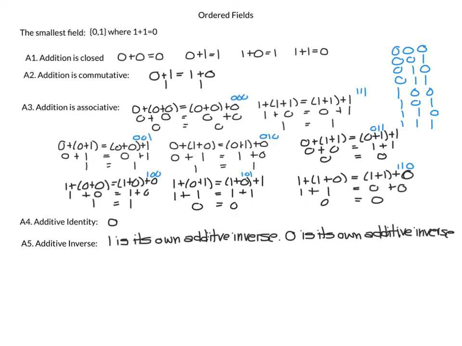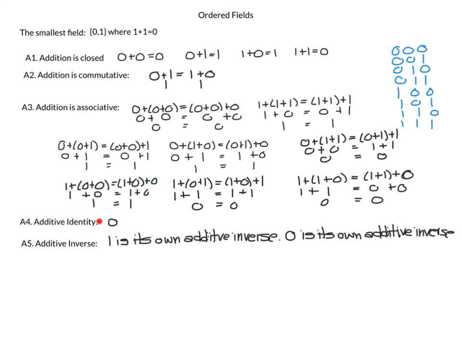This one's a little more interesting: I have 1 plus 0 and 1 plus 1 plus 0. When I add the 1 plus 0 first, I get 1, and then I add this one and I get 0. Whereas here I add the 1 plus 1 first and get 0, but I add it to this 0 and I still get 0. And you can verify all the other cases for associativity.